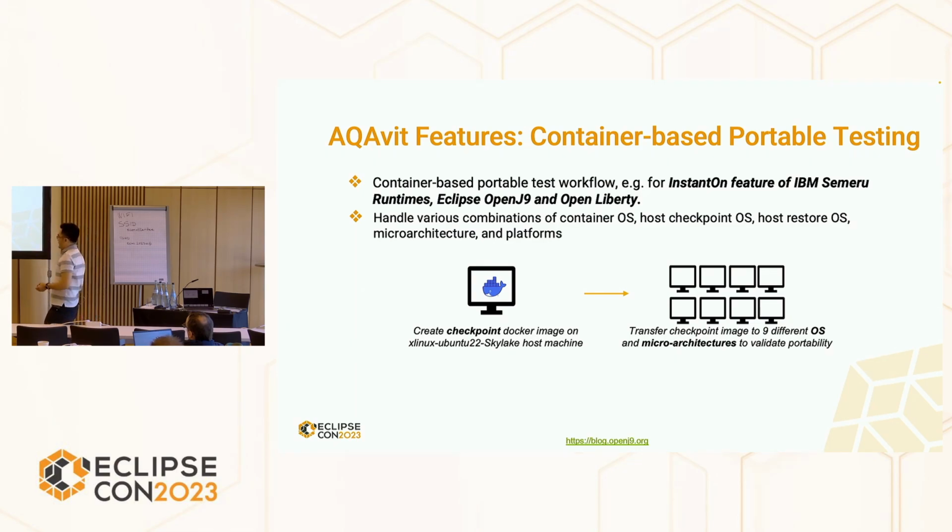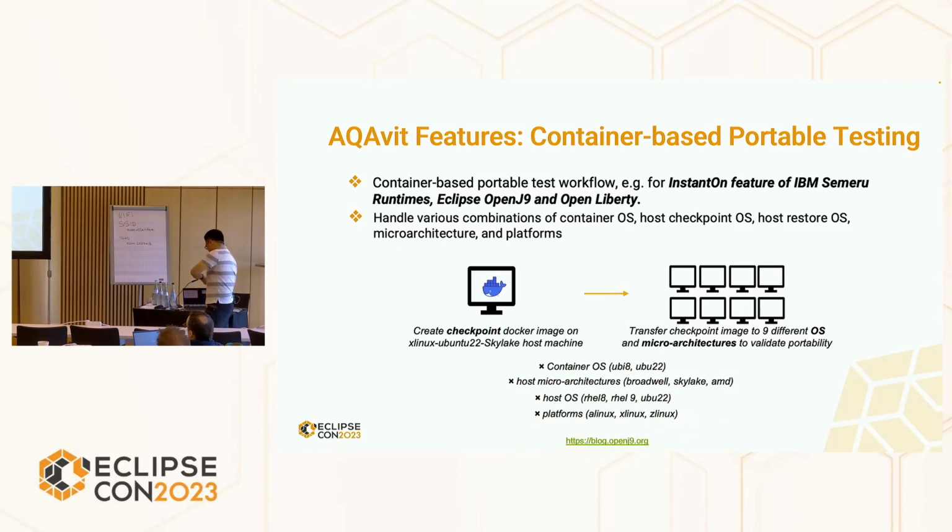For example, we can have Intel Skylake, Broadwell, and also AMD ones, and then it will be different platforms. So currently, these are the combinations we covered for this container-based portable testing.